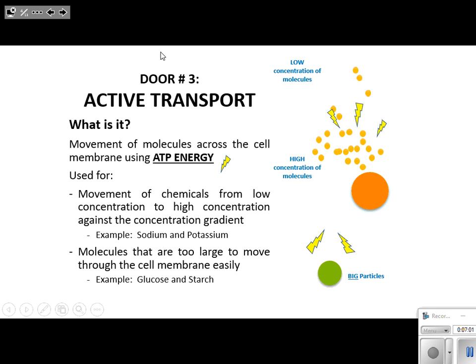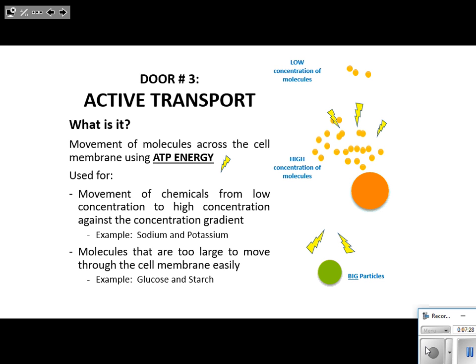Now, next is active transport. So our third tab of our flip book is active transport. So go ahead and copy this down, and then we will discuss active transport. Now, with active transport, what is it? What is active transport?